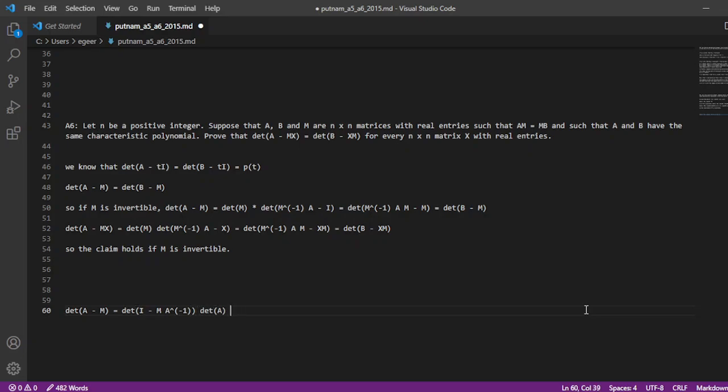Determinant of A, right? And then I can multiply with A. Anyway, I end up with this, right?